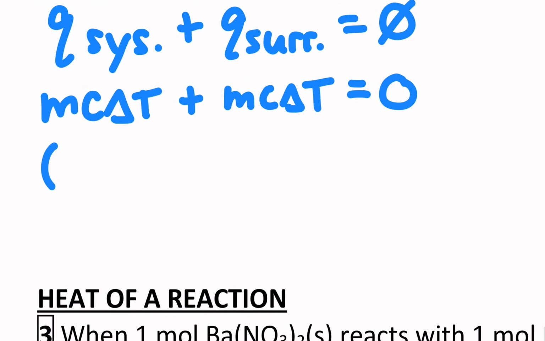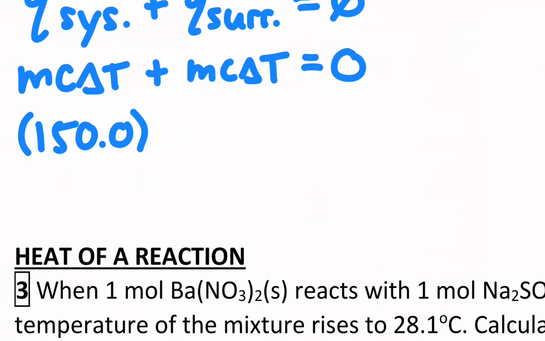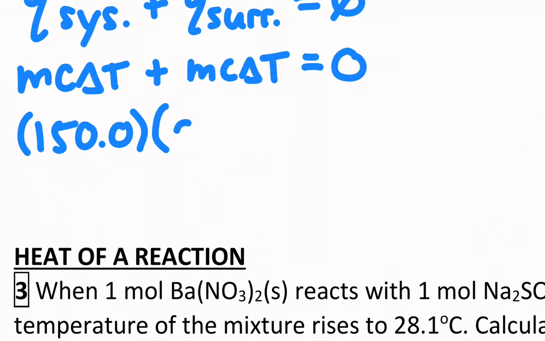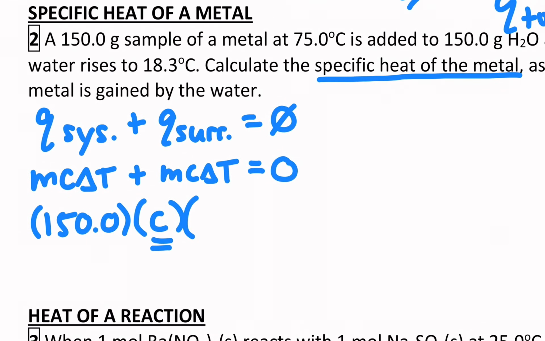I have 150 grams of the metal. I don't know its specific heat. That's my unknown. The delta T is the final minus initial. What's the final temperature of the metal? It's actually the same as the water, because you can imagine mixing the metal and the water.